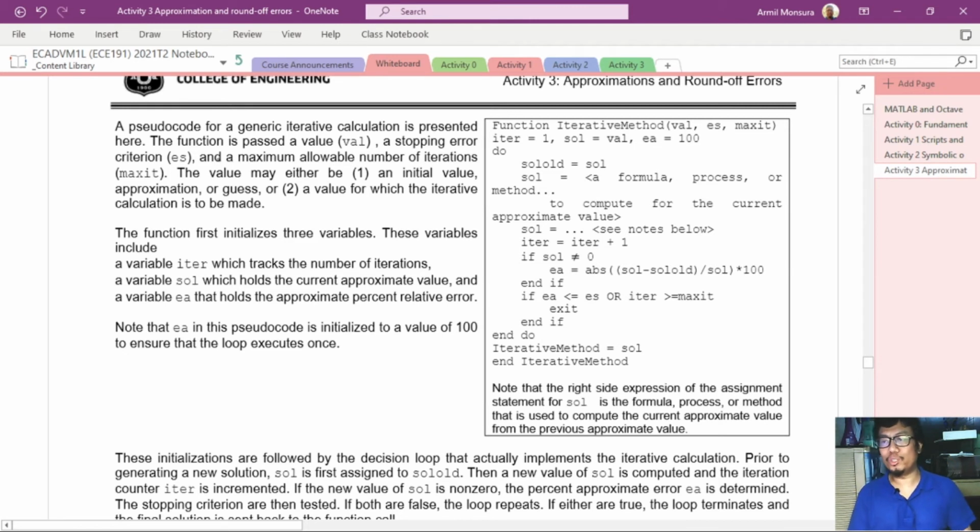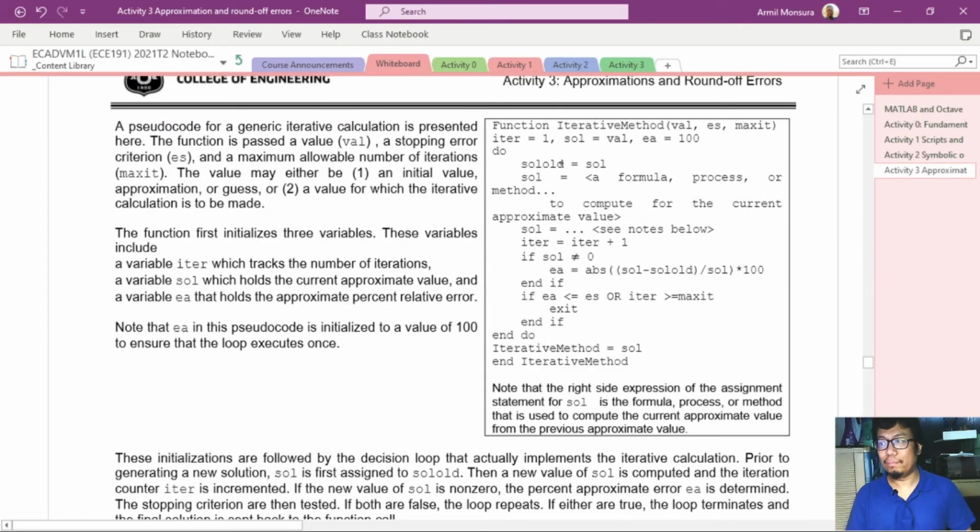Okay, by the way, when you say pseudocode, it's a code, but the things used here, or the syntax here, may or may not actually apply to the programming language that you are to use.